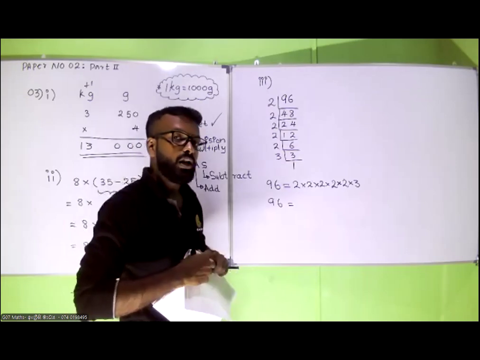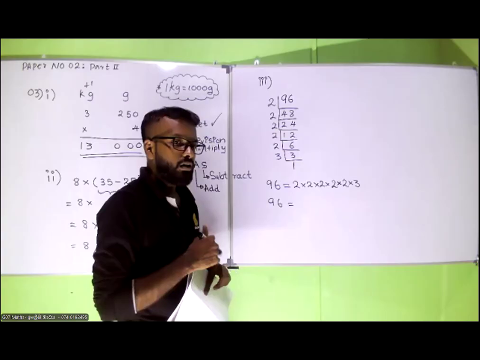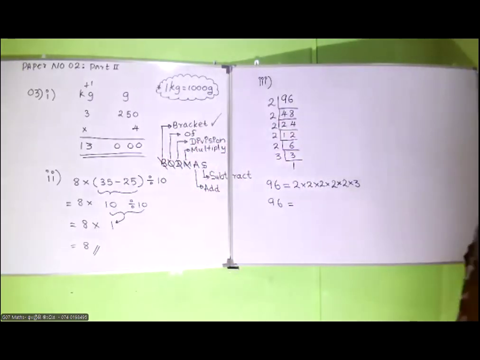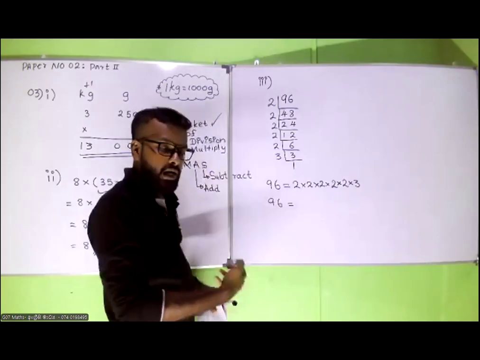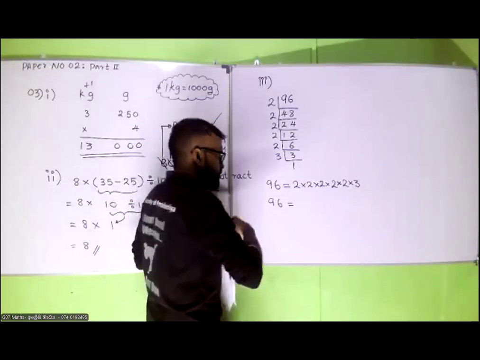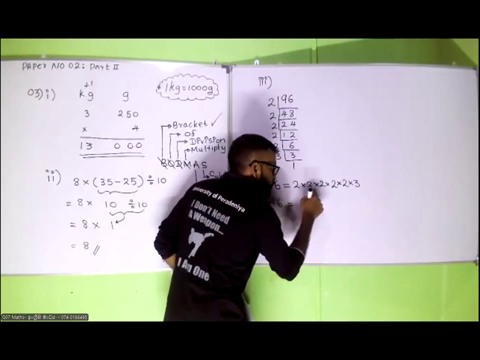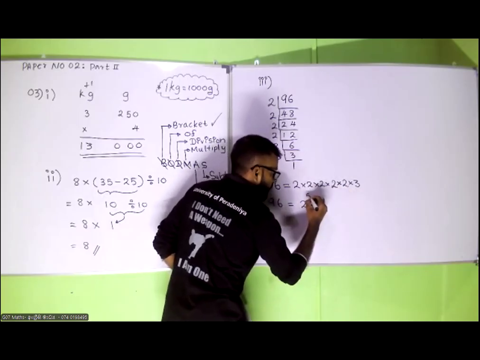From the index form, how many 2's are there? There are 5 2's. Repeatedly multiplied. Yes. 2 has been repeatedly multiplied 5 times. So, the base is 2. 1, 2, 3, 4, 5. So, 2 to the power 5.